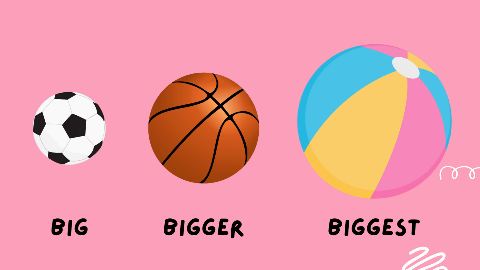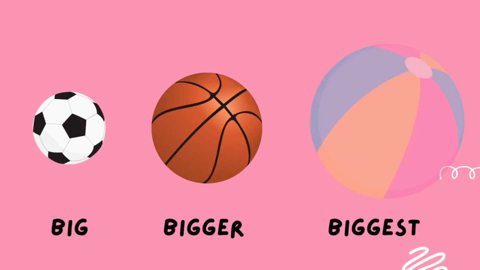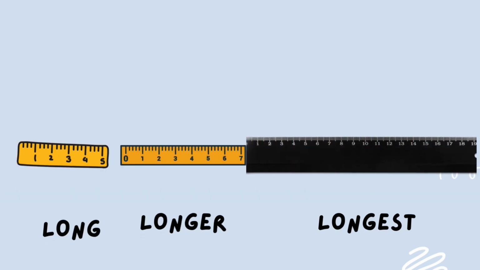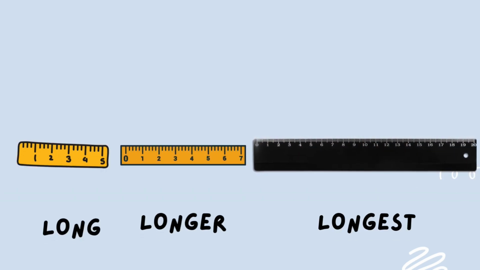And the beach ball is the biggest of all the balls. In the next picture, we have a picture of rulers with different lengths. The first ruler is long. The second ruler is longer than the first ruler, and the last ruler is the longest of all the rulers.